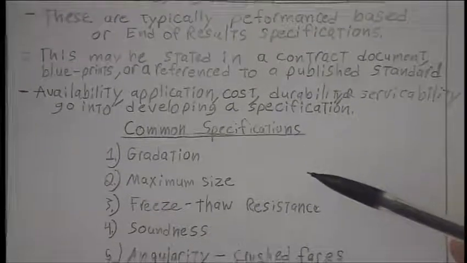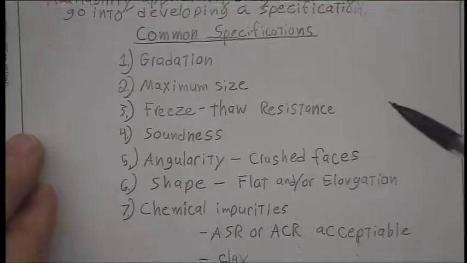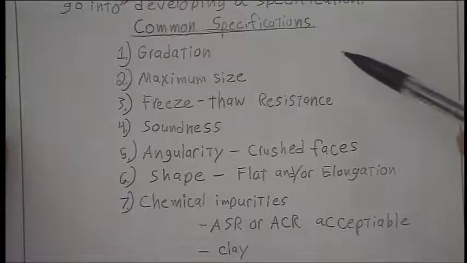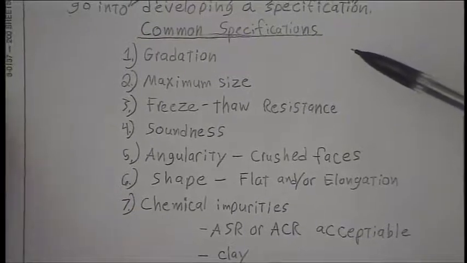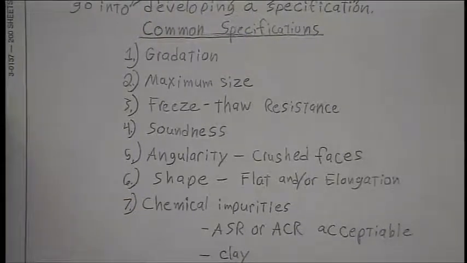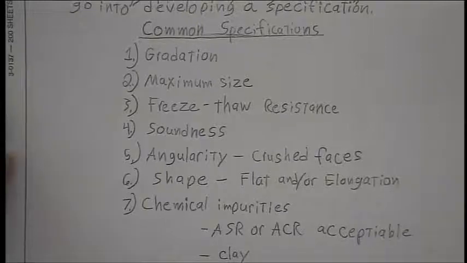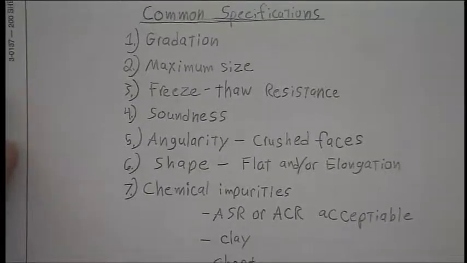And so in general, I wrote down about 8 or 9 specifications that you will see in almost every application, whether they're rules of thumb, just how it's always been done, or whether they're actually in the specified document. It's very normal.